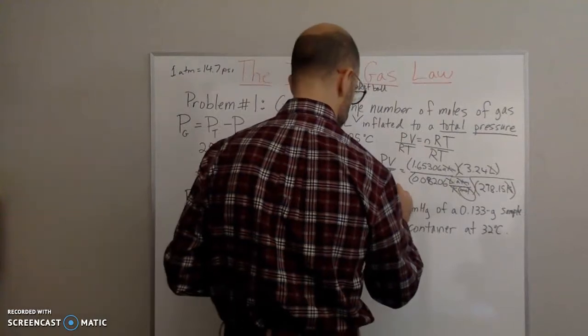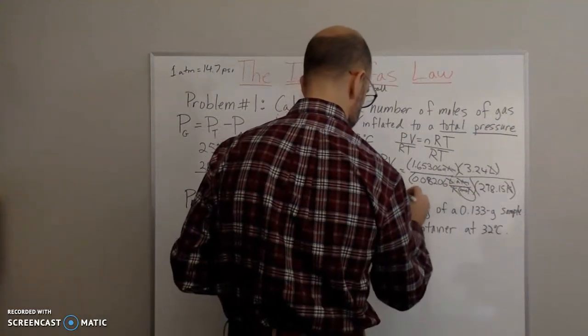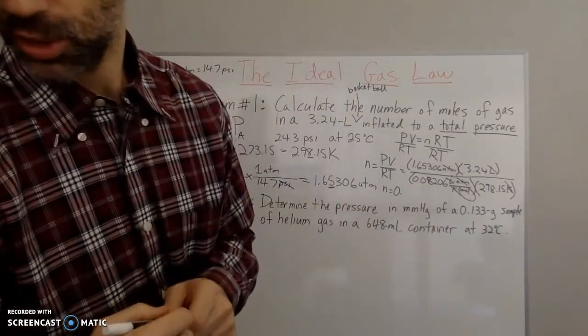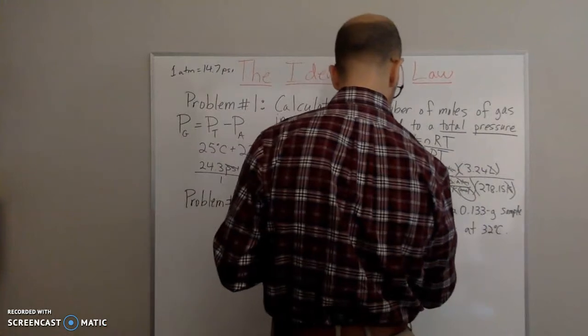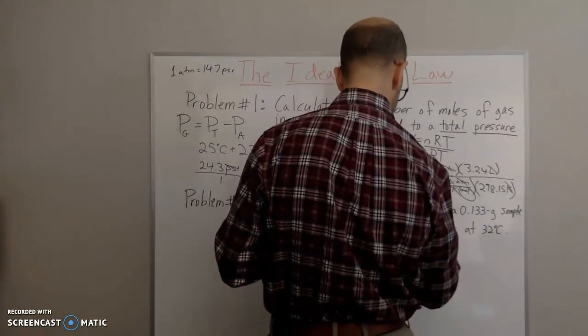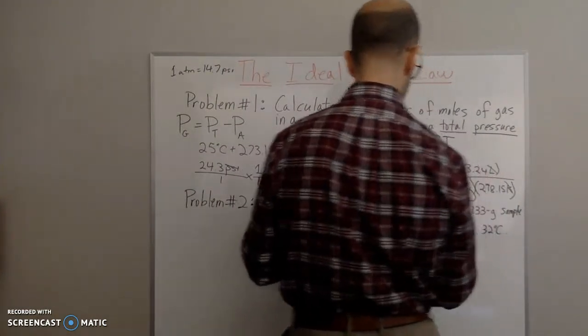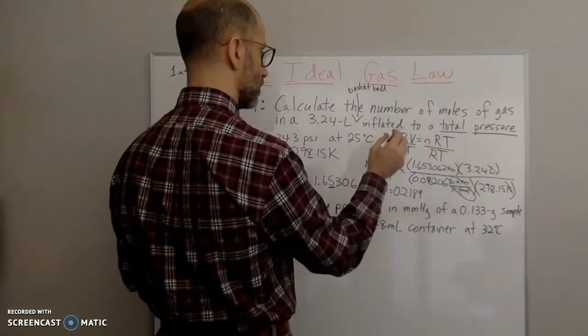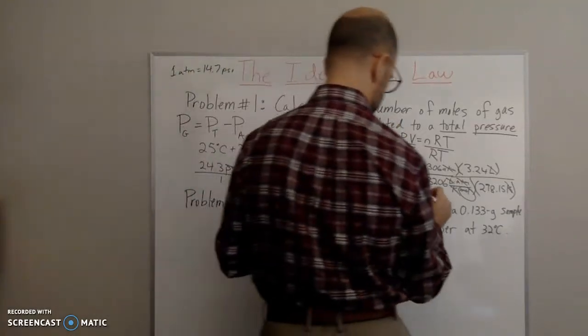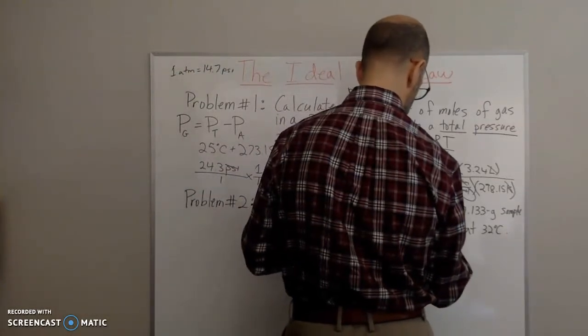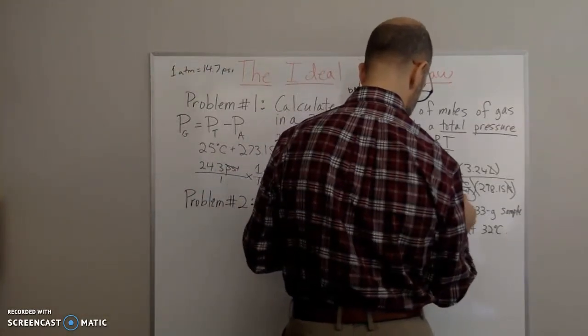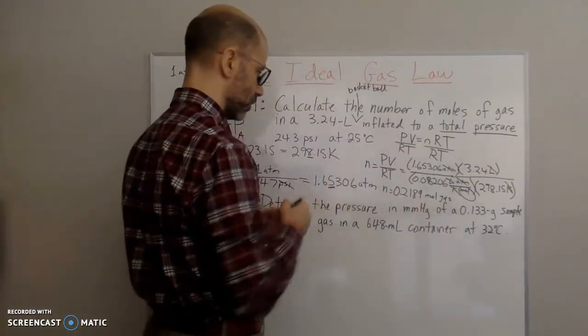So the number of moles is equal to 0.2189. What does it say? Moles of gas. It says gas. So moles of the gas, probably just air.